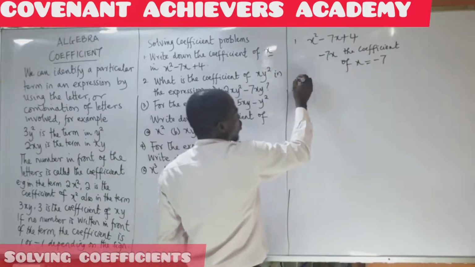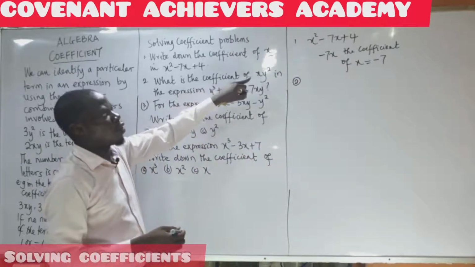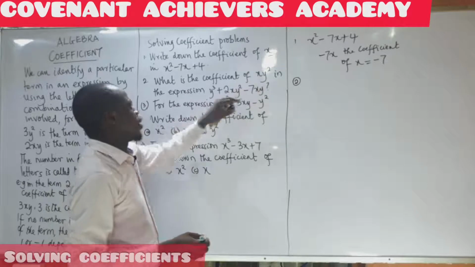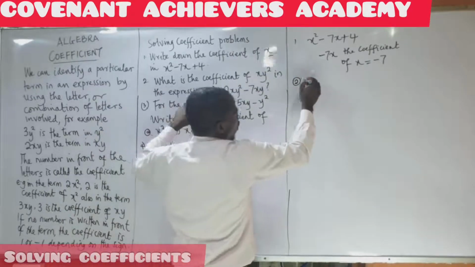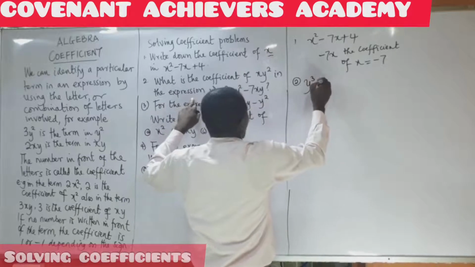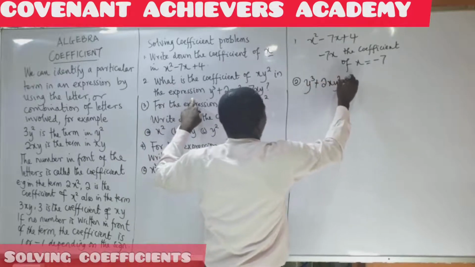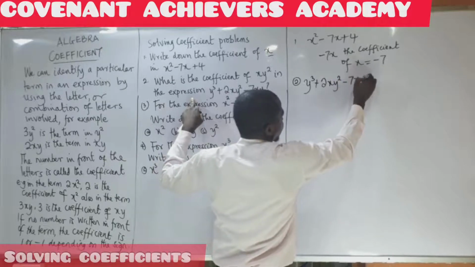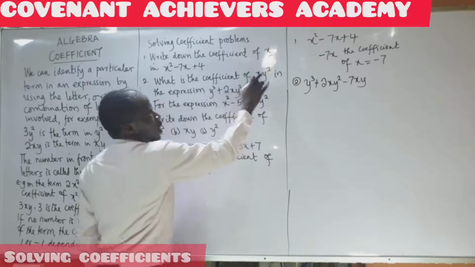Now, the second question says, what is the coefficient of xy squared in the expression? The expression is y cubed plus 2xy squared minus 7xy. What is the term that has xy squared?